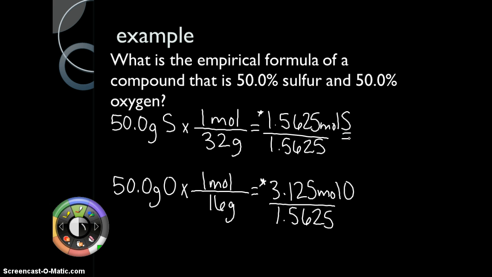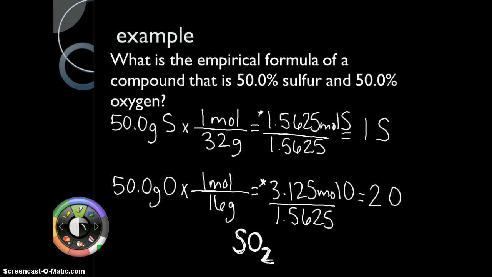And that's going to give us obviously 1 for the sulfur, and it's going to give us 2 for the oxygen. So these values are your subscripts. That means that our empirical formula is SO2. We have 1 sulfur, and we're going to have 2 oxygen here.